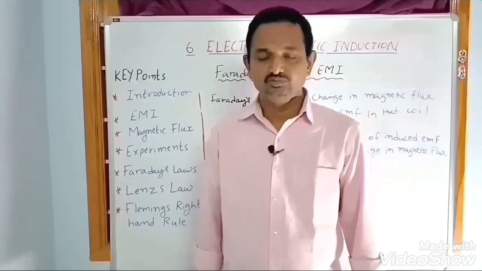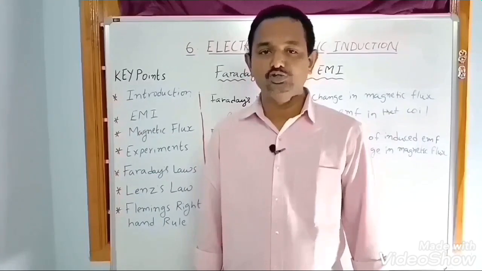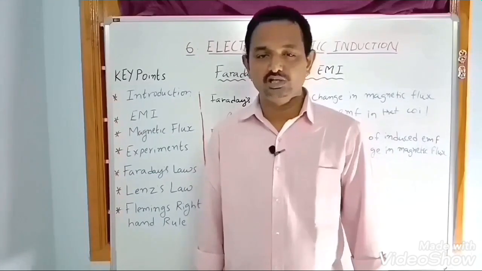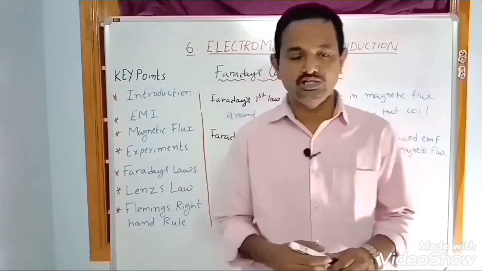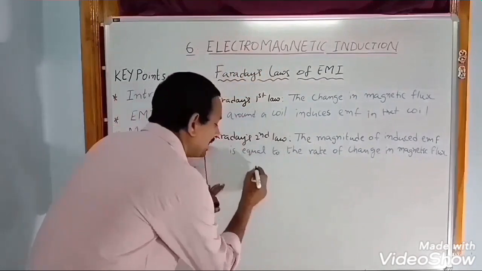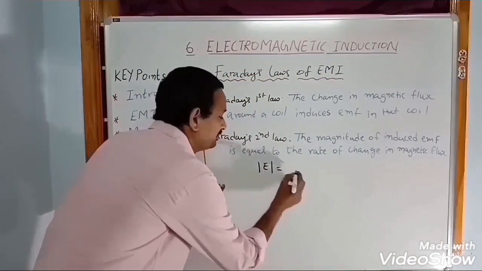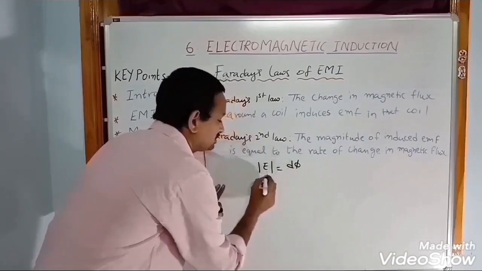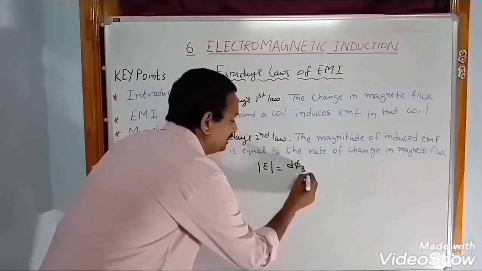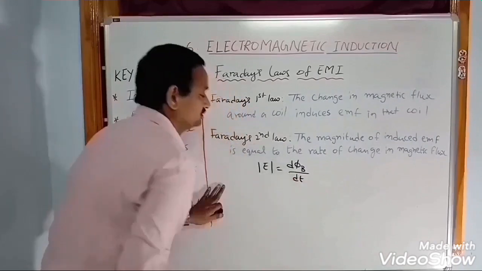Faraday's second law. The magnitude of induced EMF is equal to the rate of change in magnetic flux. That is, modulus of E equal to d phi B by dt.